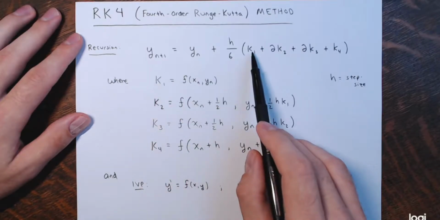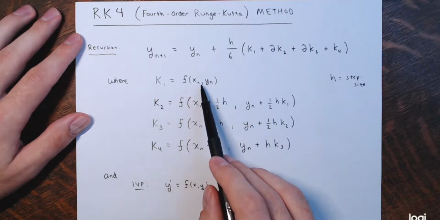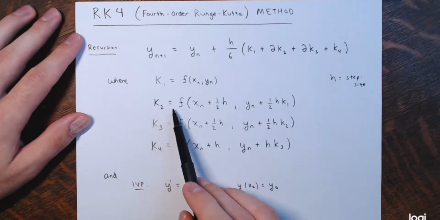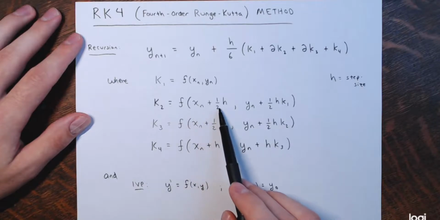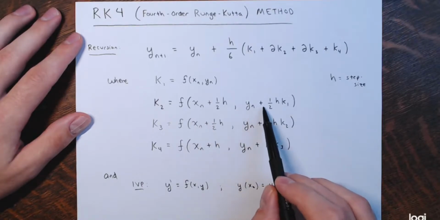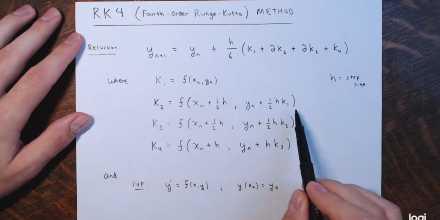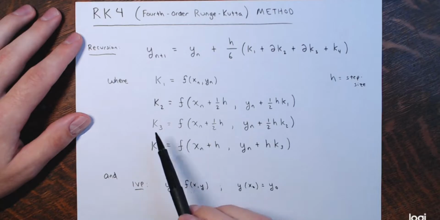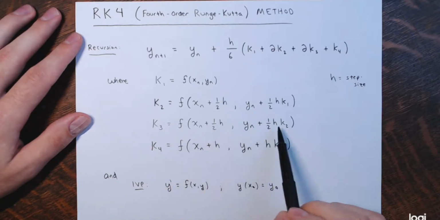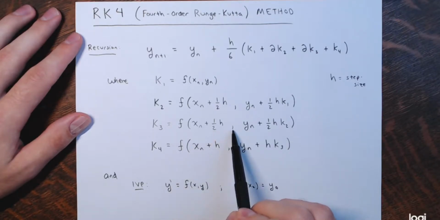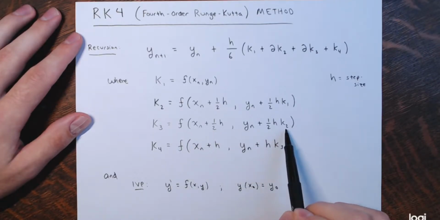So k1 is f at x_n, y_n, the previous x and previous y. k2 is f at x_n plus half h for the x coordinate, comma, y_n plus half h times k1 for the y coordinate. k3 is the same thing, but instead you have k2: f of x_n plus half h, comma, y_n plus half h times k2.